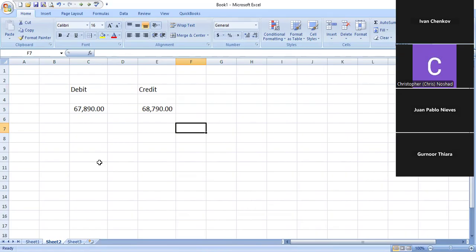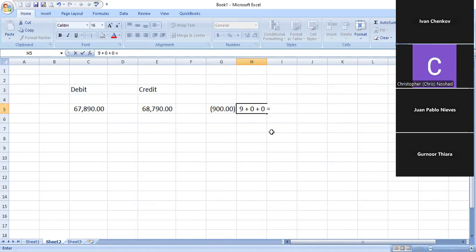How can you find out if it's a flipped number? Very simple. Get the difference between the two amounts: this one minus that one. The difference is 900. If you break it into single digits, you get 9 plus 0 plus 0.